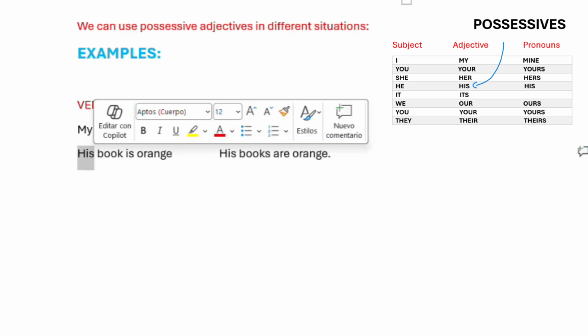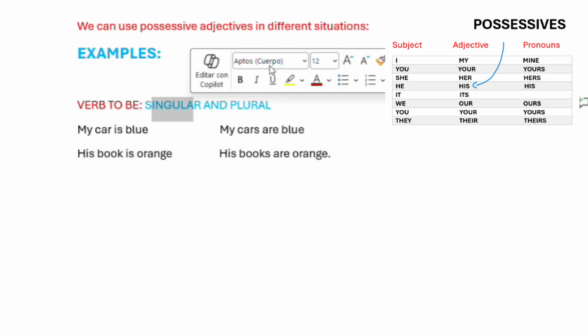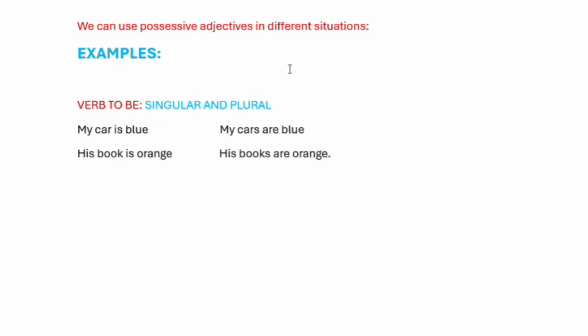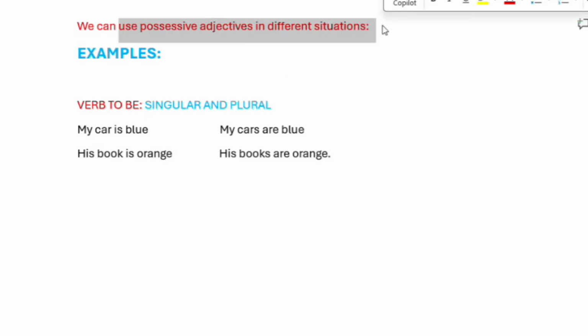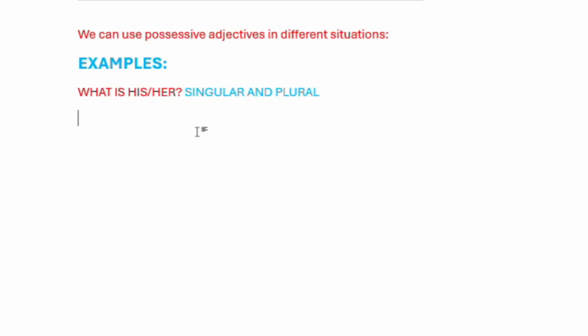The possessive adjective here, his, in singular form, and the possessive adjective is in plural form. Nice. As you can see, we can use possessive adjectives in different situations. Okay. So I'm gonna show you a different one here. So here in this part we have the W8 question.